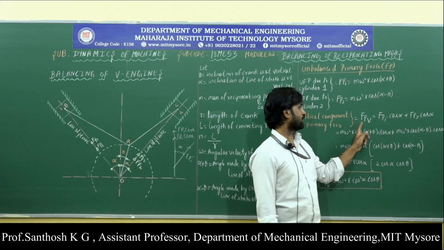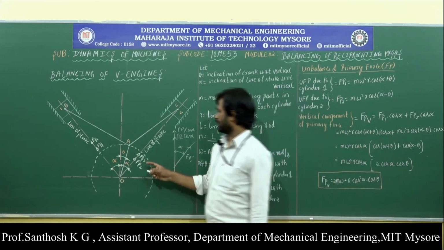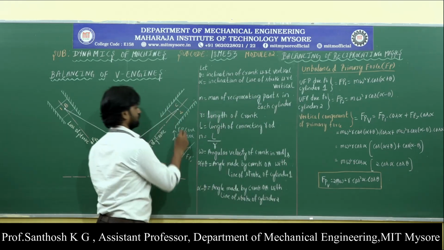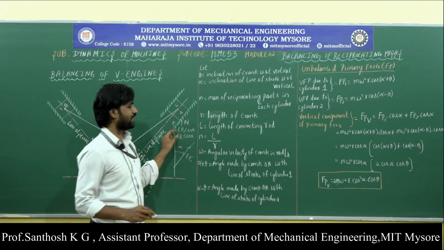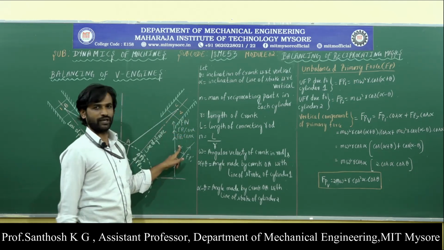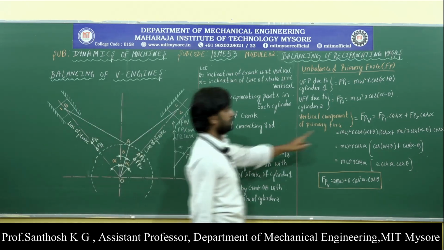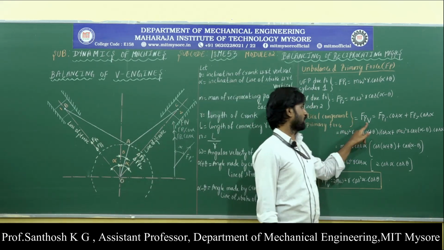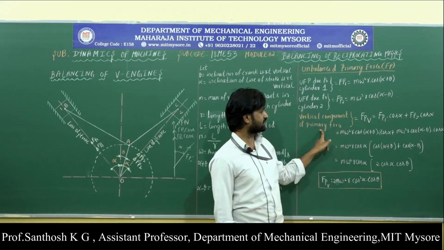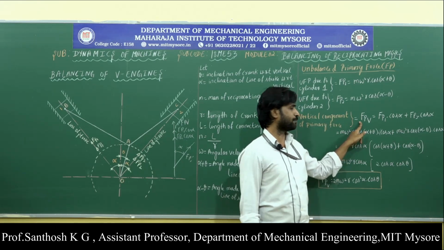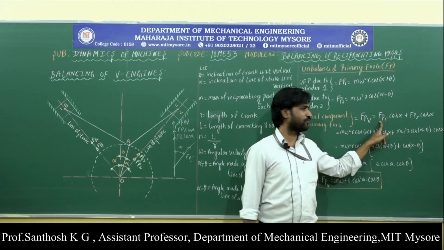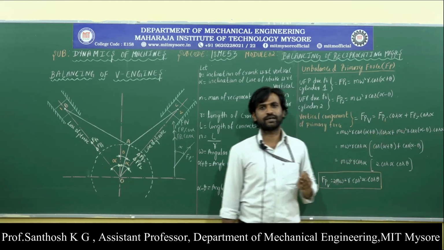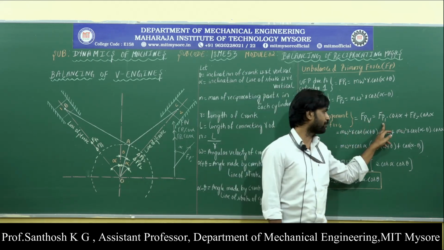To get the value of the total primary force which is acting in the vertical direction, I need to add these two terms. That is, the total primary force along the vertical axis, represented by Fpv, will be equal to Fp1 cos alpha plus Fp2 cos alpha.